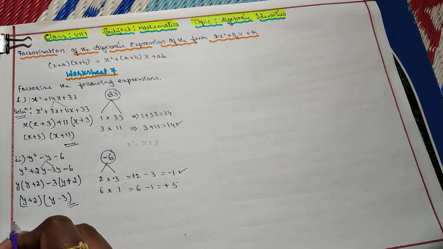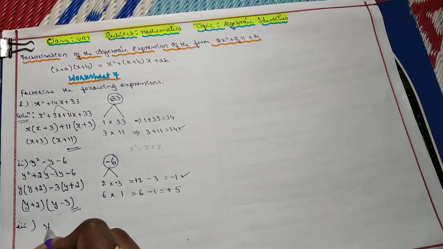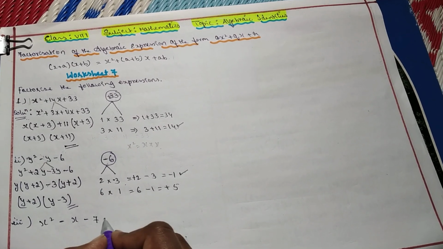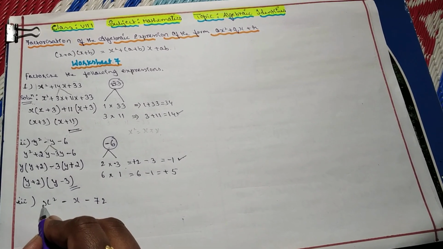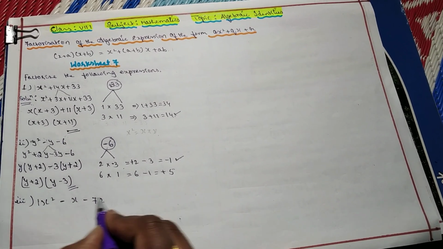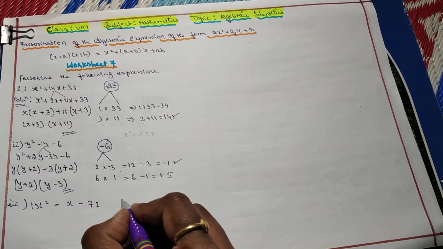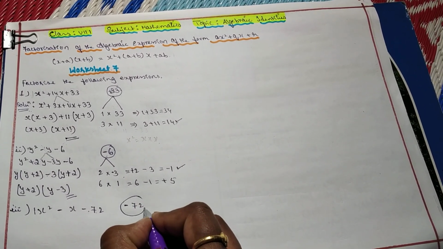Now let me move to the third question. The third question is x² − x − 72, right? Now the first step is the coefficient of x² with the constant. If I multiply 1 into −72 it is −72, which is a bigger number, right, children?